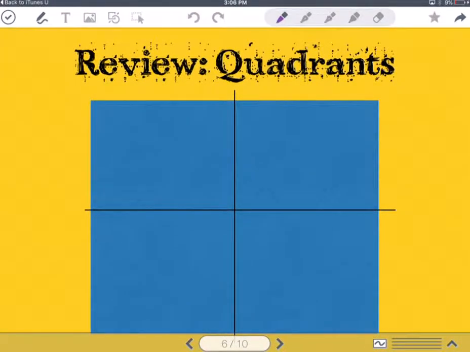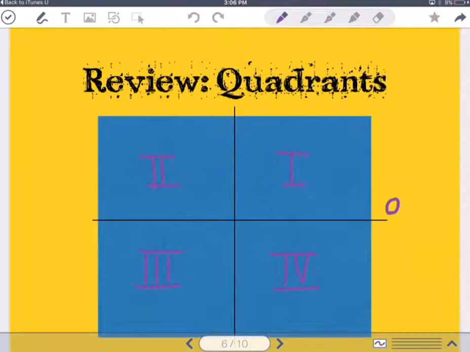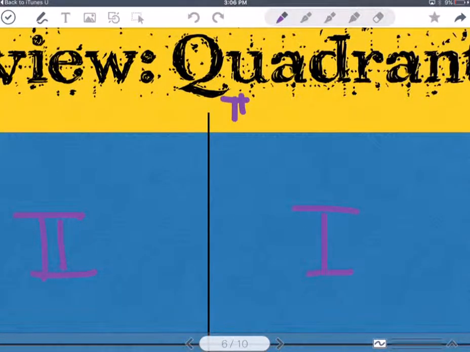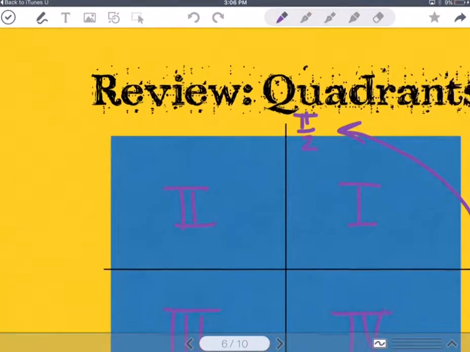Just to review the quadrants, we know that this is quadrant 1, 2, 3, and 4. All right. So we know that if this is going to be 0, this is going to be pi over 2. So any angle between 0 and pi over 2 is going to be in quadrant 1.